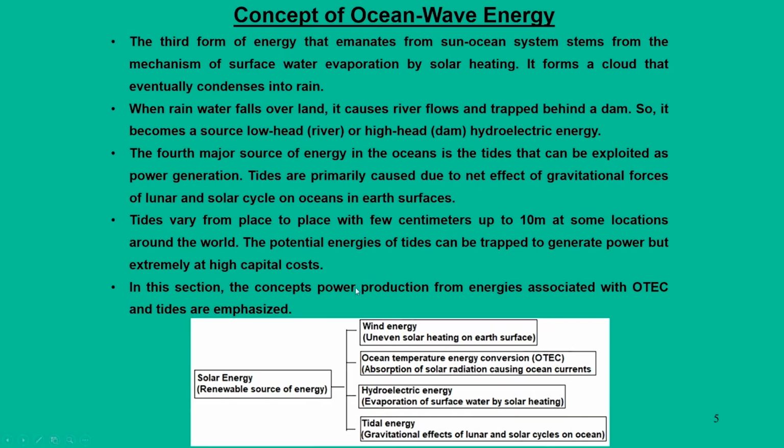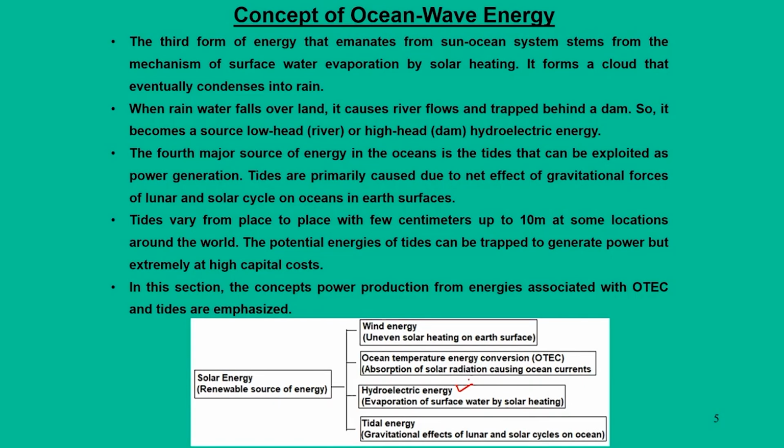The second part is that when the sun's energy falls on the surface of water, the water on the surface gets evaporated and goes to higher altitudes, and in turn it comes down as rain in particular locations. When there is rain, we can store that energy in a dam, and through this process we can convert the energy from the water, and we call this hydroelectric energy.